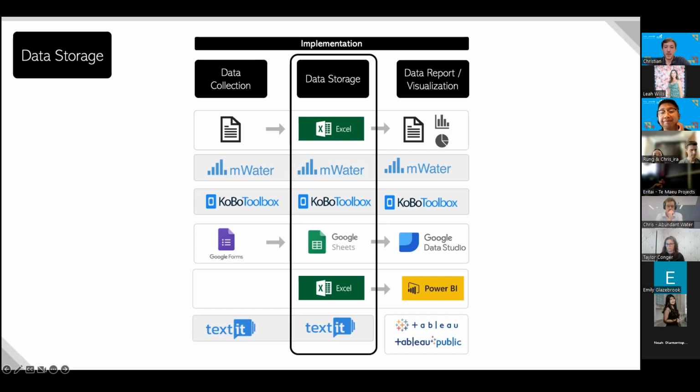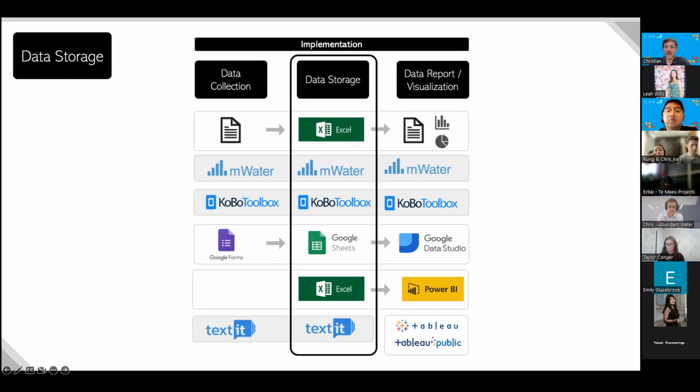For most people, and for me as well, I prefer to have the data stored in some sort of spreadsheet, so either Excel or Google Sheets. So if we're setting up a system with Kobo Toolbox, we use it to collect the data, but then we automatically push it into a spreadsheet. And getting data between these systems, sometimes it's fully automated like Google and simple, but other times there is no automation.